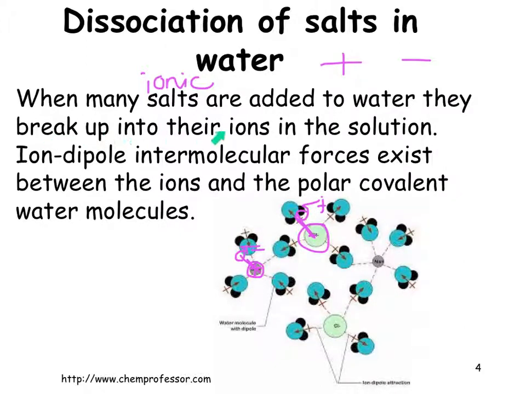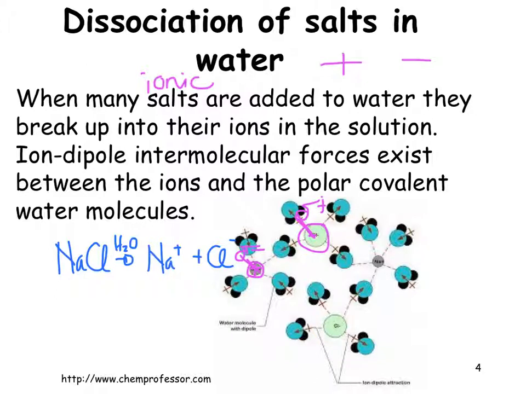So when they break up into their ions, we call that dissociation. So if, for example, it was NaCl, and I put that into a water solution, it will dissociate into Na+ and Cl-.